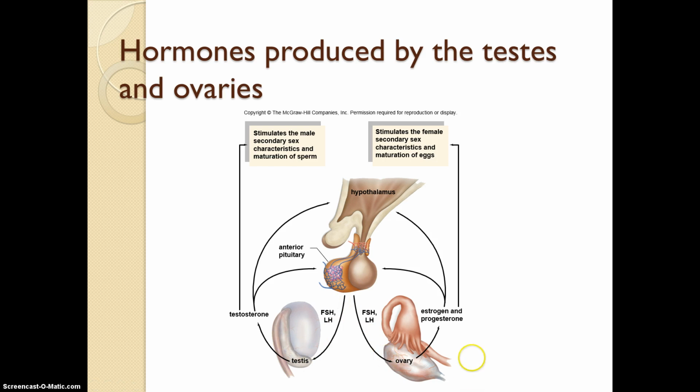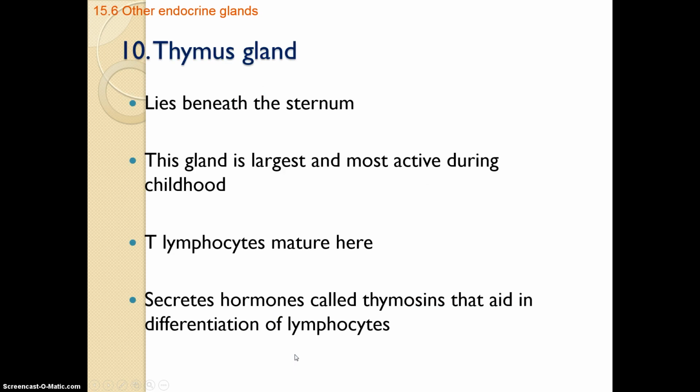So this ovary and this testes started off from the same organ way back at week 6 of development in utero. So it makes sense that these hormones are the same ones. It's just that these ended up developing into different things. Sperm generator, egg generator.